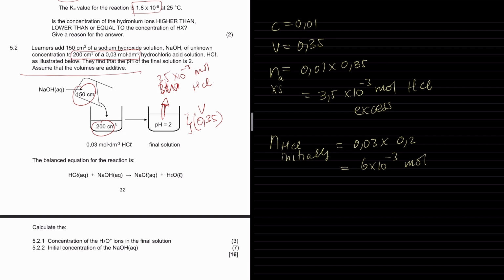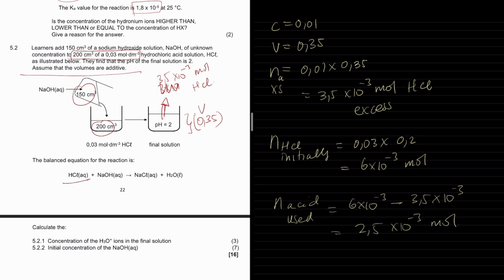Now that I know how much was left over and how much I had at the start, I can work out how much was used in the reaction. The number of moles of the acid that was used is 6 times 10 to the minus 3 minus 3.5 times 10 to the minus 3, which is 2.5 times 10 to the minus 3 moles.